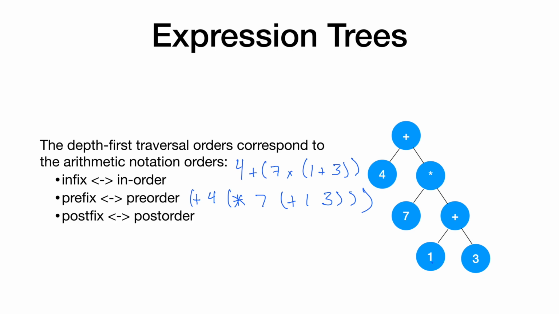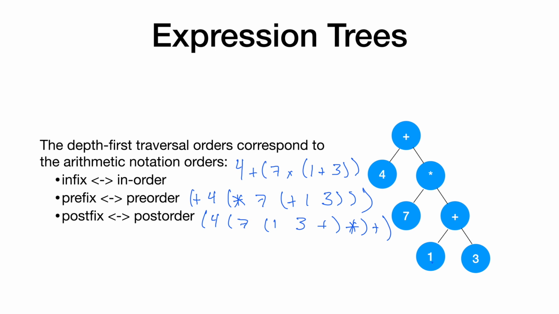Similarly with post-order, right? We print our left tree, 4, and then we print our right tree, which is a 7, which is a 1, and a 3, and a plus, and a times, and a plus, right? And if you go back and look, those are exactly the equations that we had on the last slide.